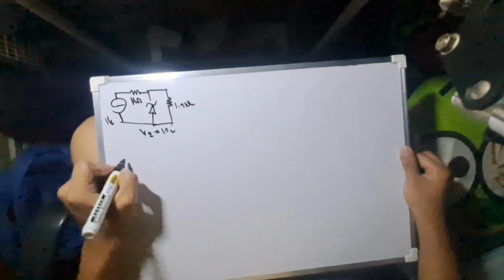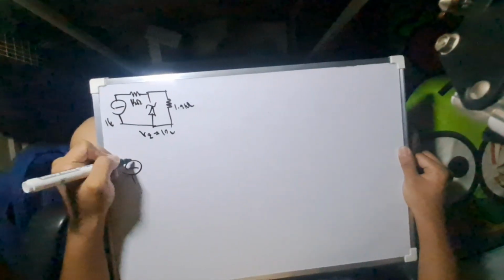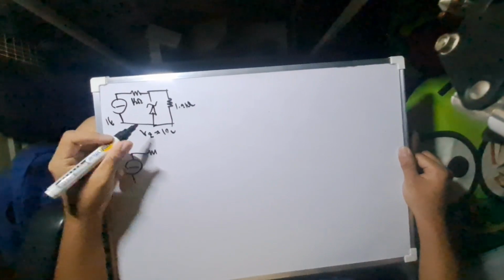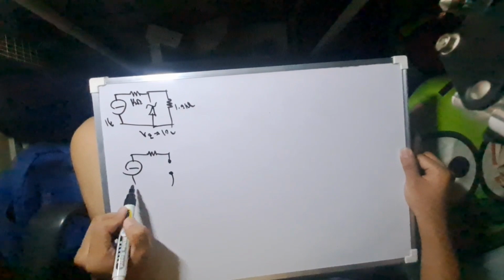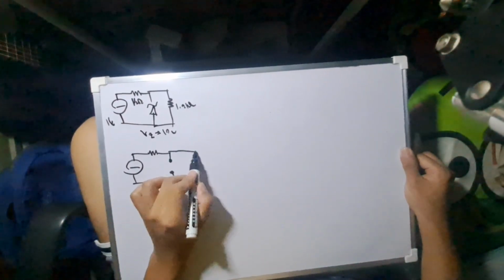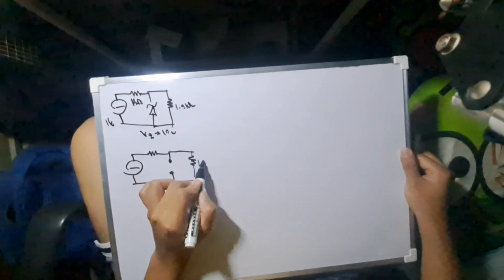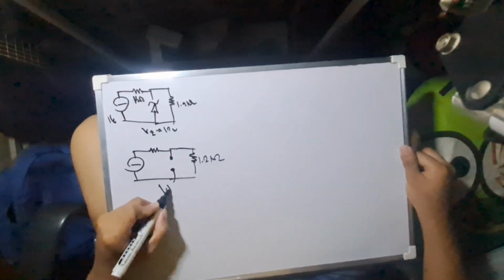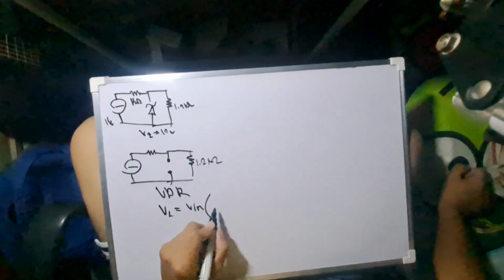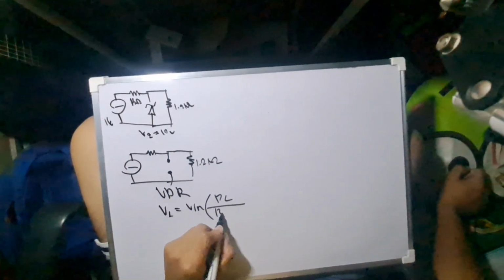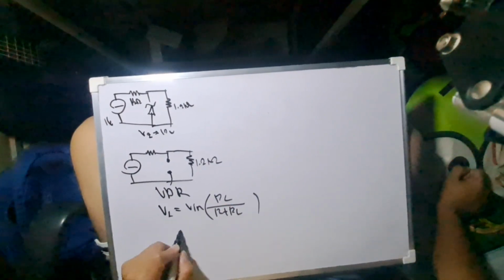16 volts. So para makuha natin yung load, let's try VDR, but tanggalin muna natin Zener. So ang mangyayari dyan, we have a DC input, say 1 kilo ohm, and then an open line and 1.2 kilo ohm. So VDR tayo, VL is equals to V times RL over R plus RL.